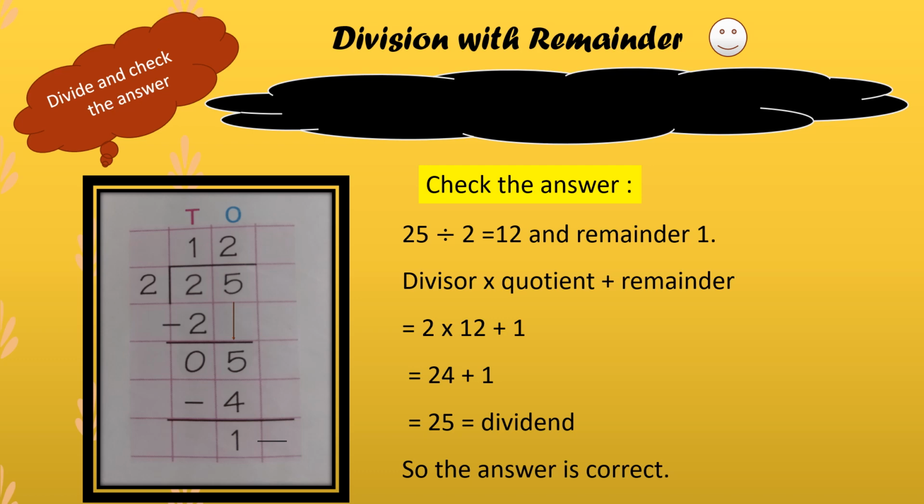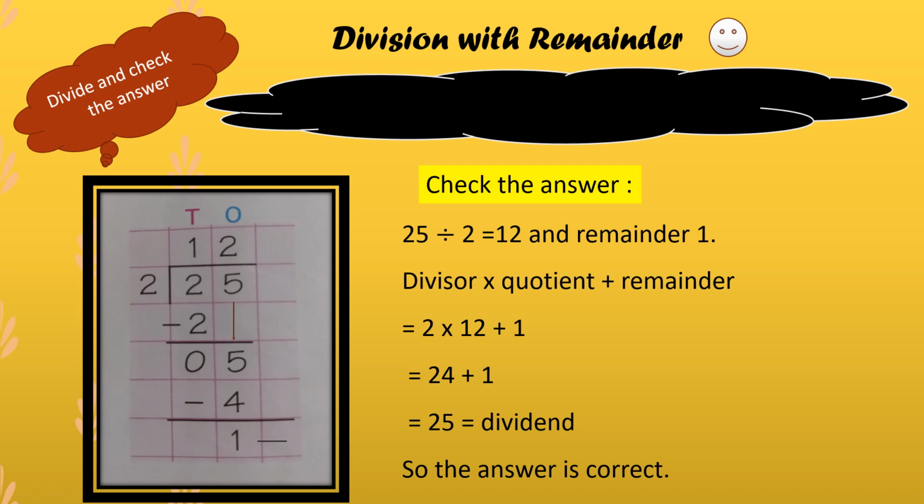Yes. So 5 minus 4 equals 1. Yes. Now see children, here we are left with 1. 1 is remaining here, no? And we cannot divide 1 by 2. Why? Yes, because 1 is smaller than 2. A smaller number cannot be divided by a greater number.